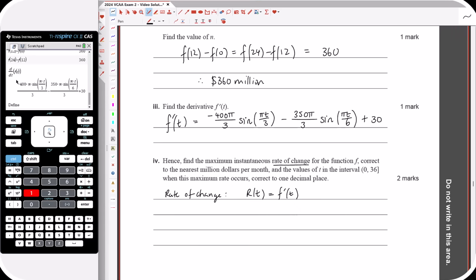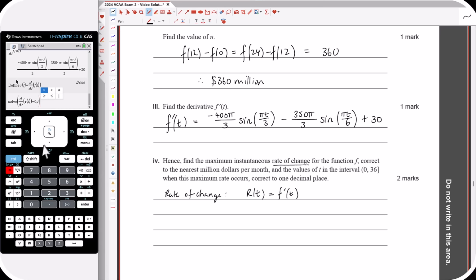There's a lot of stationary points. So let me just define t as being the derivative here. If I were to solve the derivative of r of t equal to 0 for t, now we want 0 to 36.